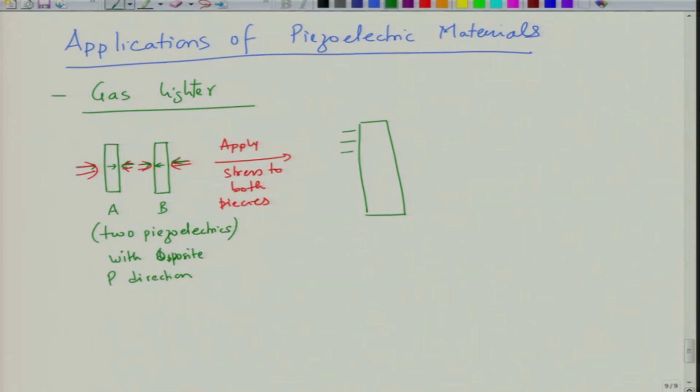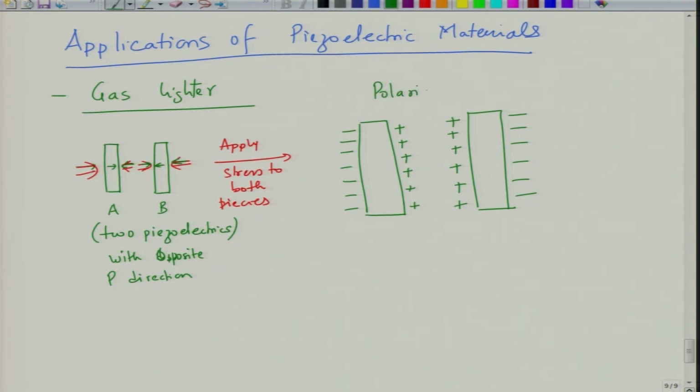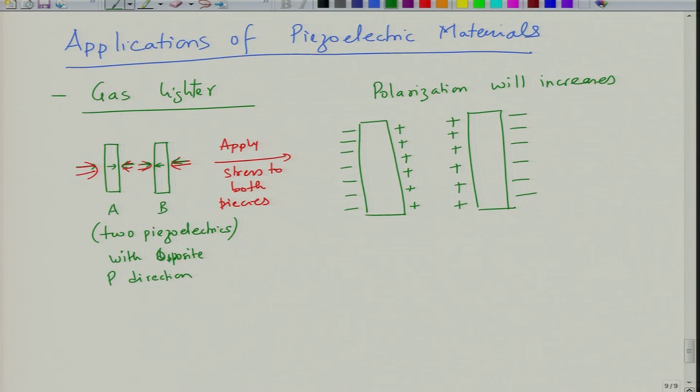So, let us say one of the samples has charges like these and another sample will have charges like this. When you apply stresses, the polarization will increase. And what will polarization increase mean? Polarization increase will mean that you have increase in the surface charge density. So, your surface charge density increases, and then what you do is that you bring them together.